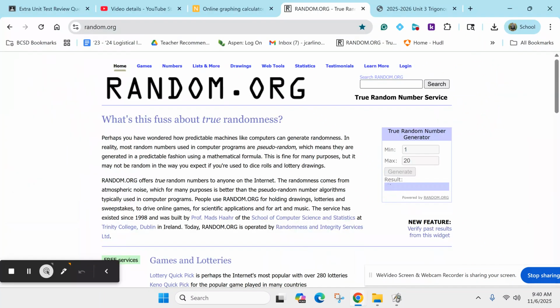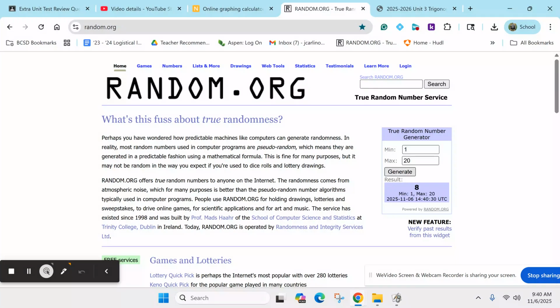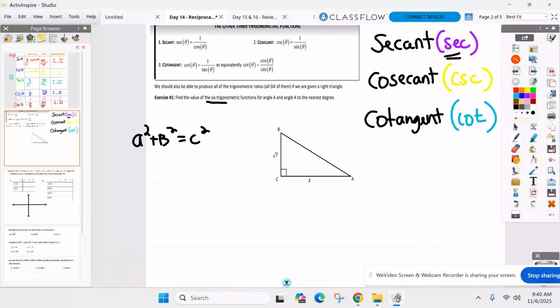How? How are we going to do that one, Brennan? How are we going to find it? Where's the radical 7 and the 3 getting plugged in for? Brady, where do I put the radical 7? And how about the 3? Good job.